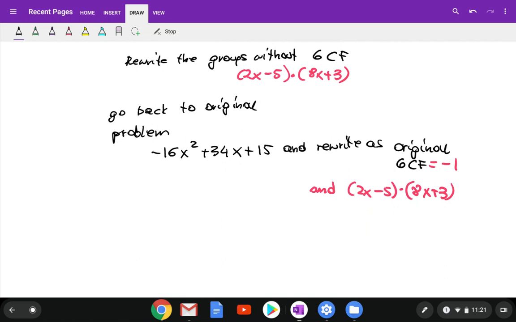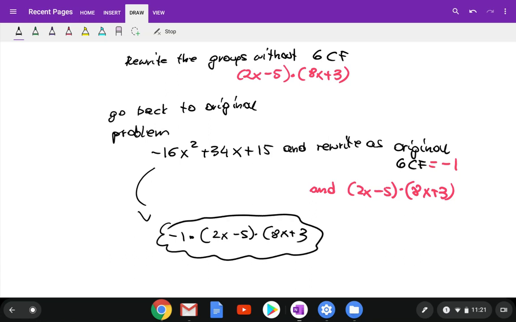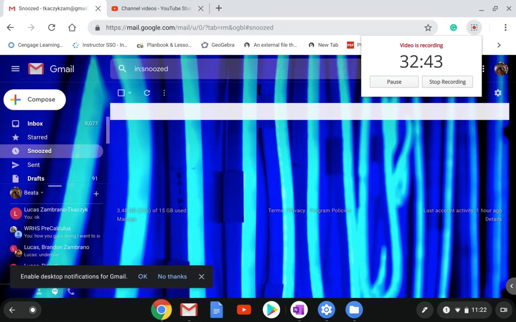So the final answer will be negative 1 times 2x minus 5 times 8x plus 3. So that's the final answer. So don't forget that at the beginning we factored out that negative 1. So very important that you keep it. Okay, I have a couple more examples, but I'm going to do that in the next video. Okay, so let me stop here. Stop recording.